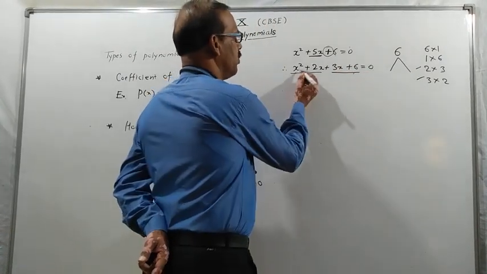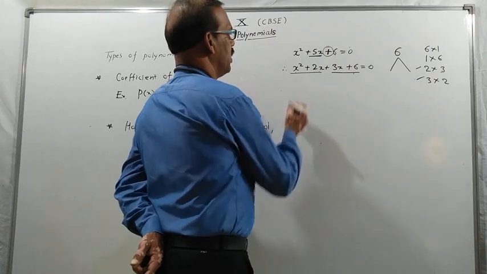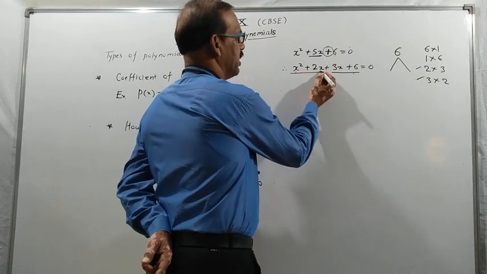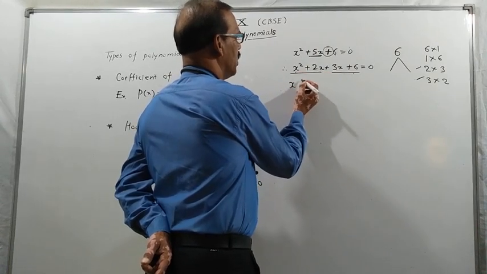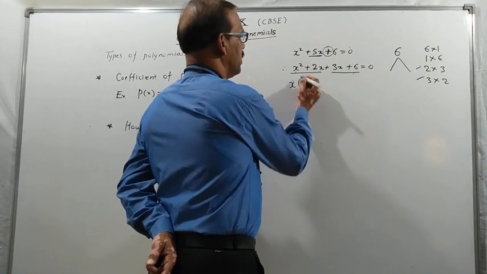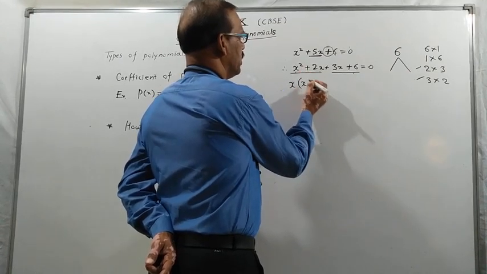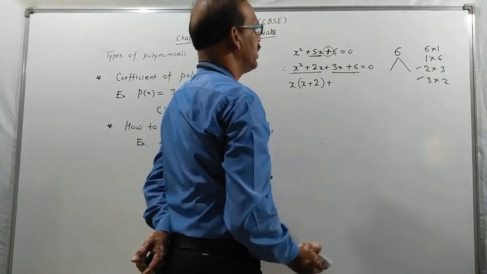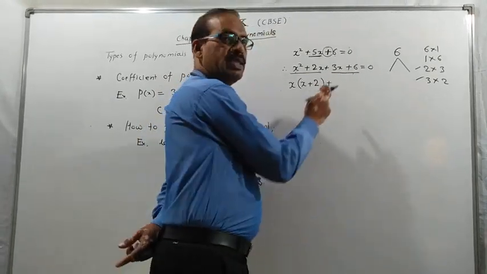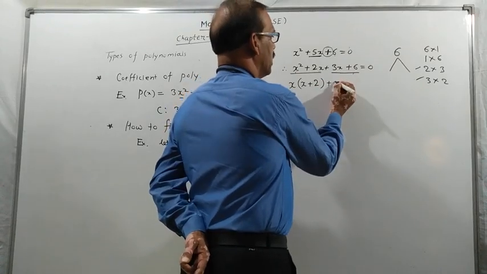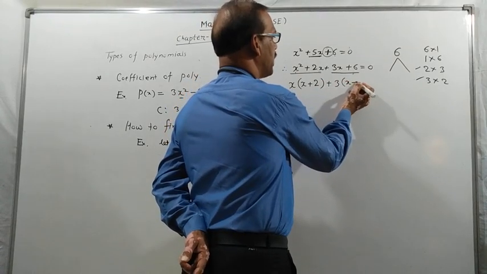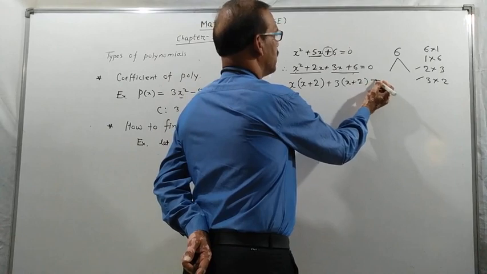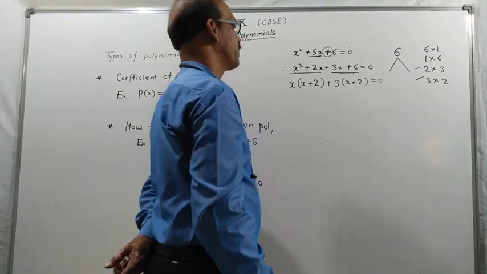Take out the common factor from the first two terms, whatever is possible. This contains x, this contains x, so x is common. The terms that remain are x for this and 2 for this. Similarly, we take the common term from the second pair: 3 common, x plus 2, that is equal to 0.